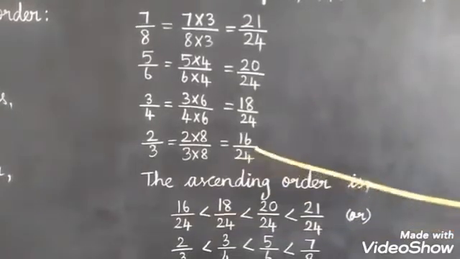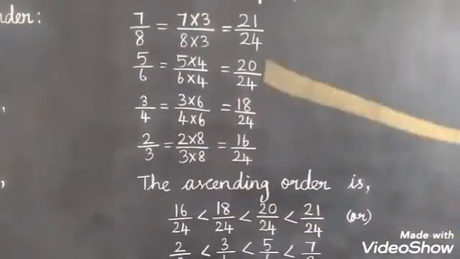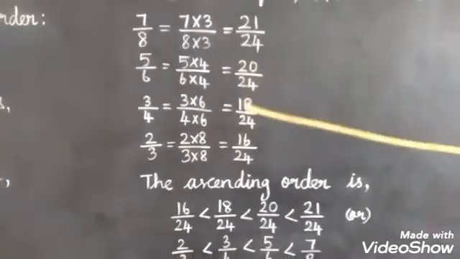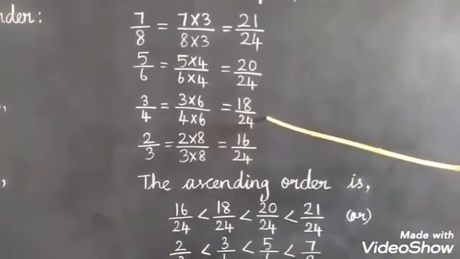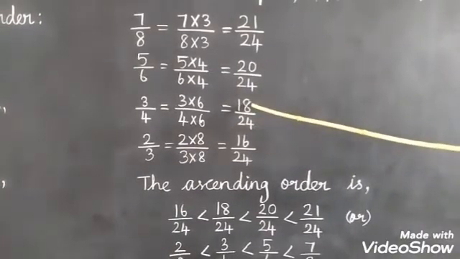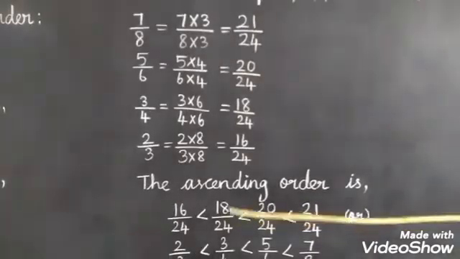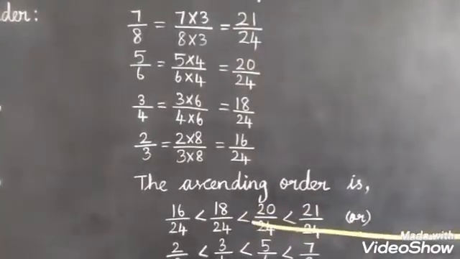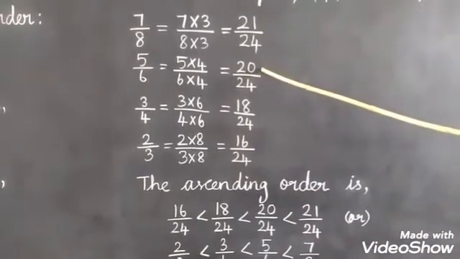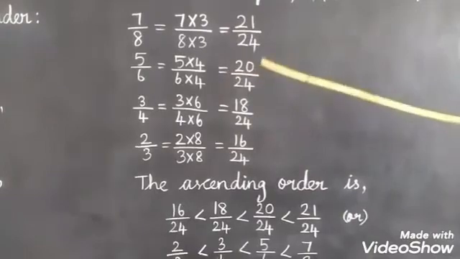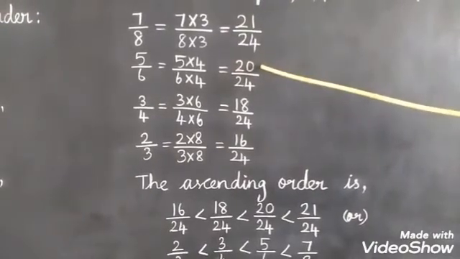16 by 24 less than. Next, what do we have remaining? 21, 20, 18 in the numerator. So which is the smallest numerator now? Yes, 18 is the smallest numerator. So 18 by 24 next we have to write. 18 by 24 less than. What do we have remaining in the numerator? 21 and 20. So which is the smallest one?